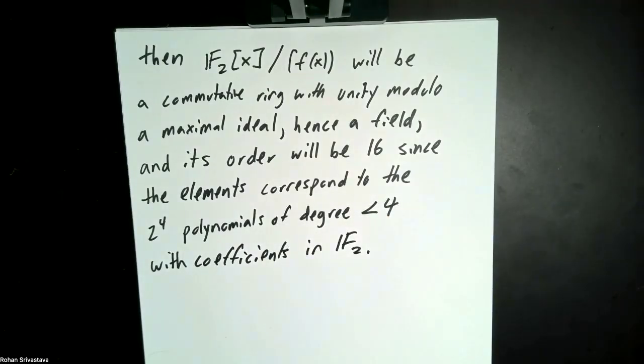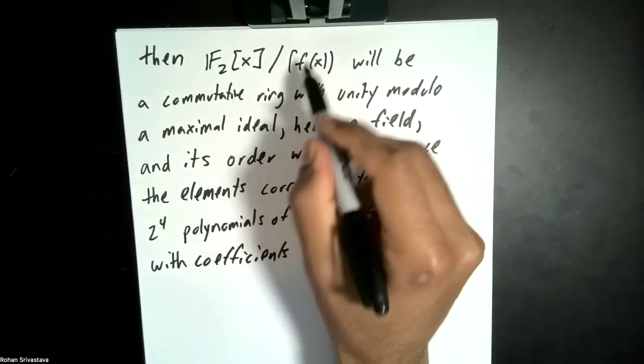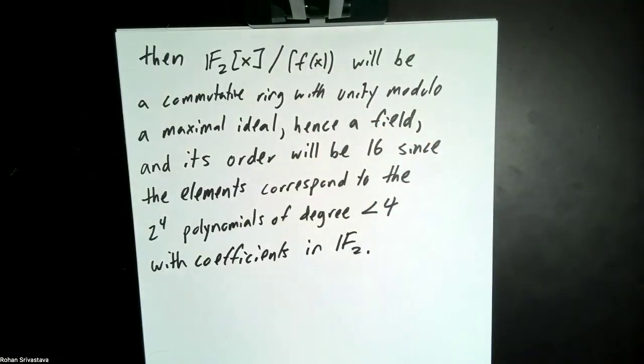So the elements of this field will be polynomials of degree less than 4 plus the ideal generated by f of x.